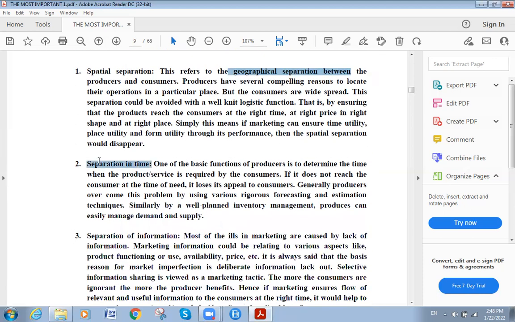The second separation is time. There are a lot of things like this. As an example, the pickles which we eat need you to put the cucumber in salt and water and keep it for many days. So marketing creates what we call time utility.